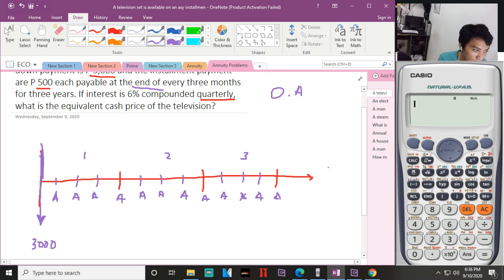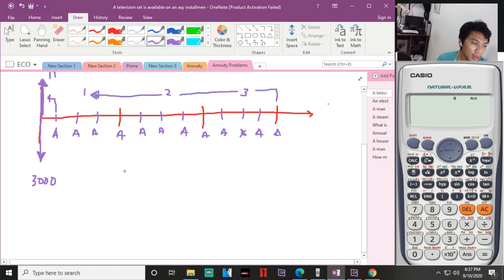Okay, ano ba yung value ng present worth natin? Itatranslate natin lahat ng values na ito into a single present worth. Lahat ng value niya, itatranslate natin dito, hanggang magmula dun sa dulo ng ating payment term. Papupuntahin natin siya into present worth. Now, how will we do that? Meron tayong calculation formula.